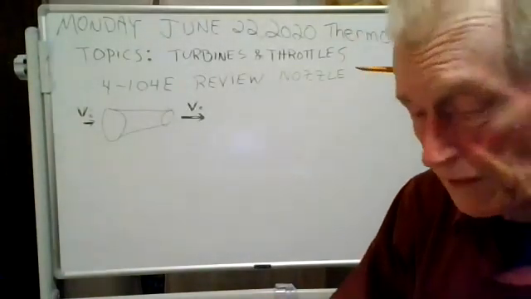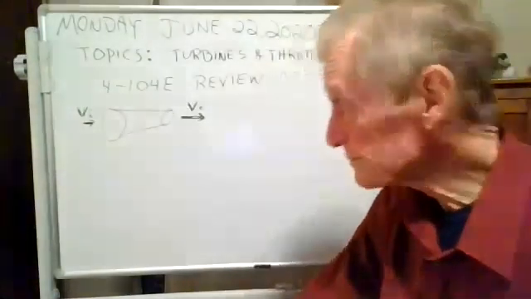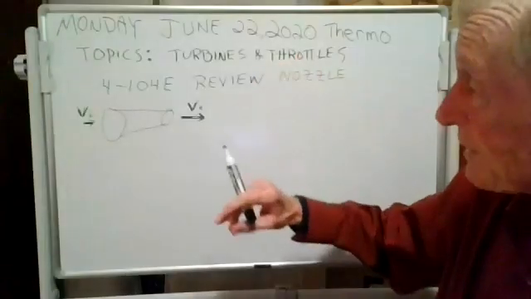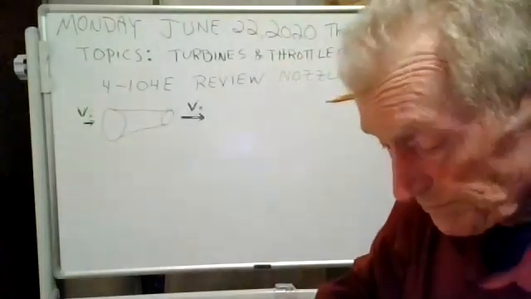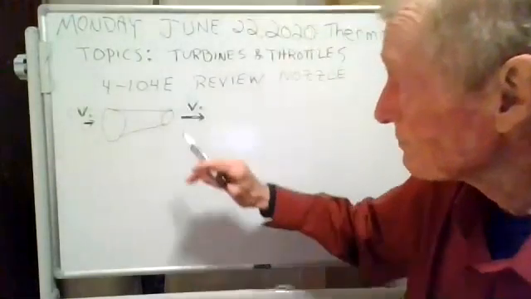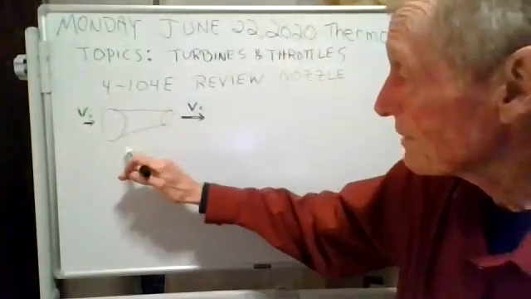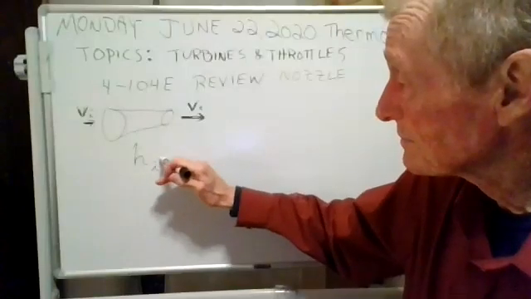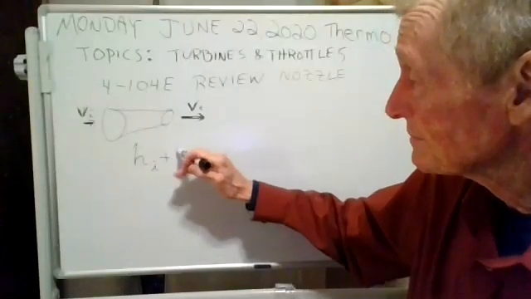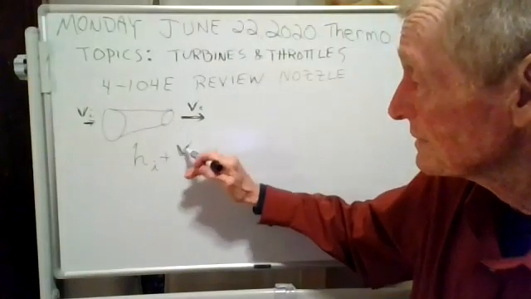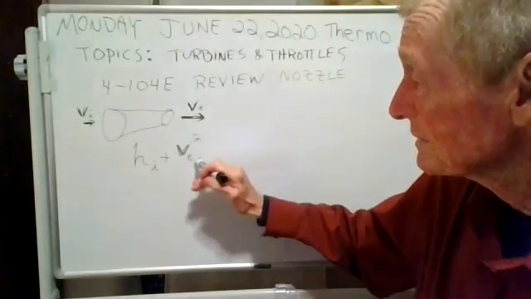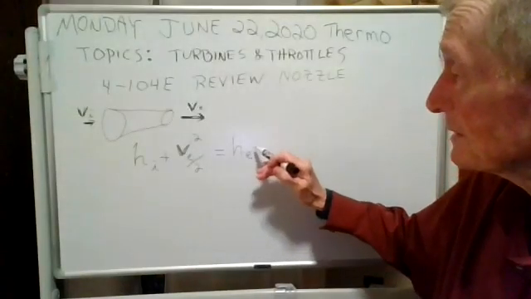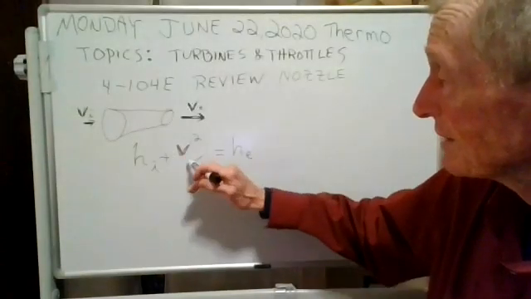It provides power. That's why they have turbines. And I'll tell you about throttles when we get there. But on that problem, 4104E, we had this equation. Oops, that's an I.